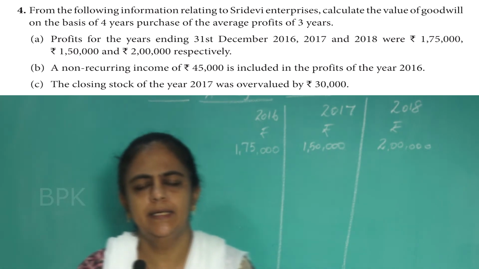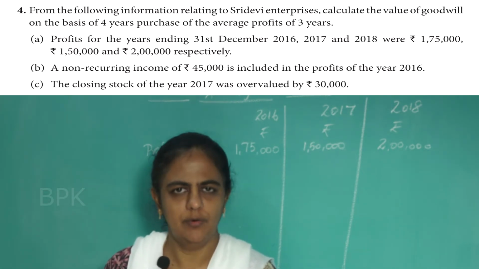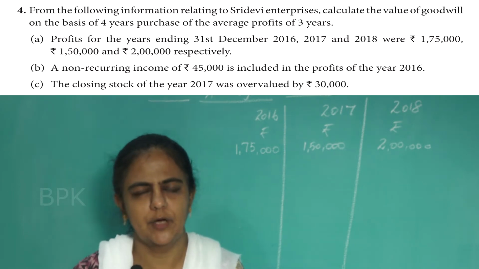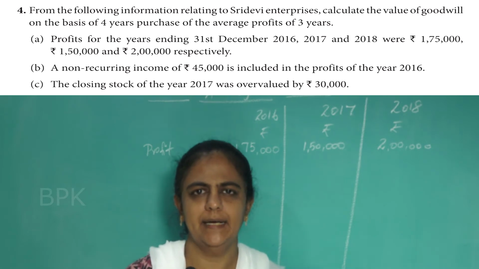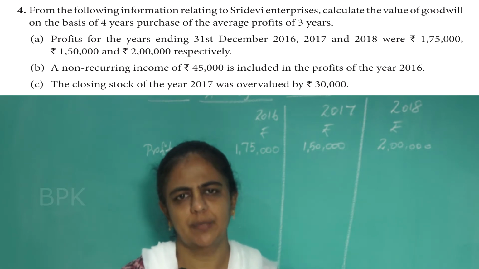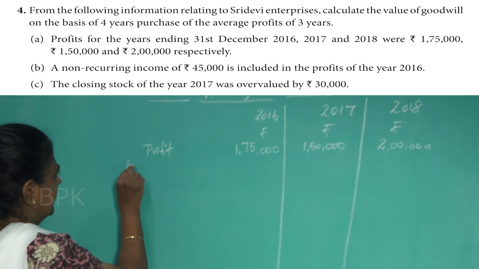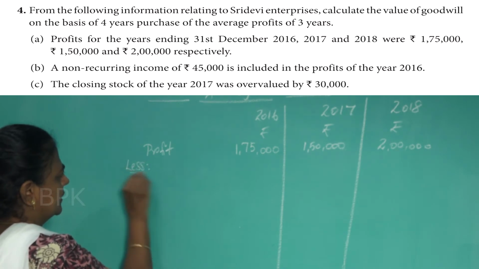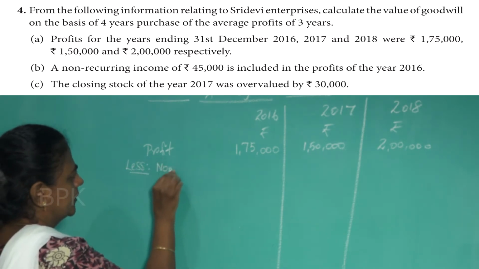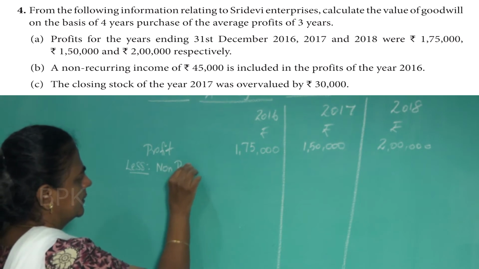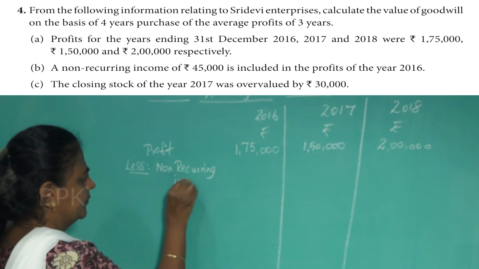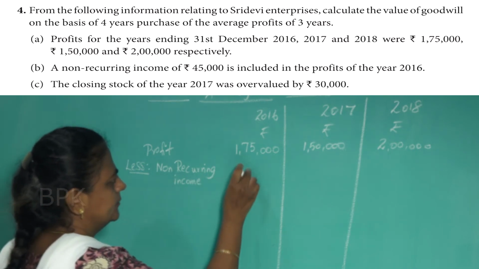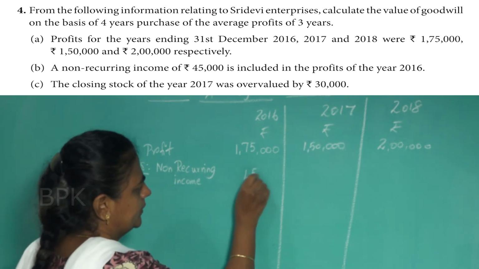A non-recurring income of rupees 45,000 is included in the profits of 2016. Non-recurring income, that is, we don't need that income, but it is added in 2016. So, what you have to do? You have to subtract it. So, first subtract that. Less non-recurring income that is added in 2016, 45,000.